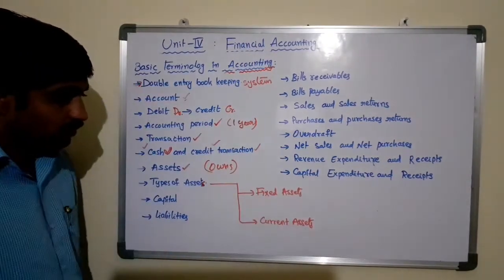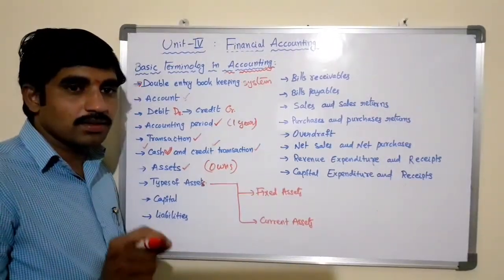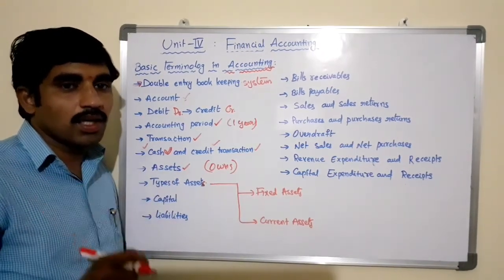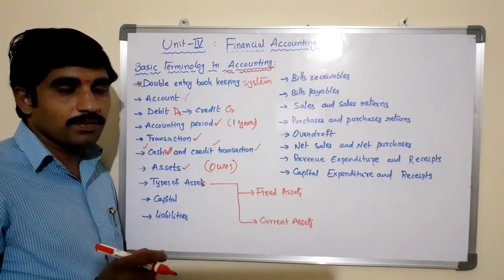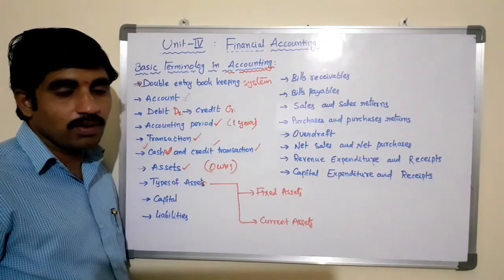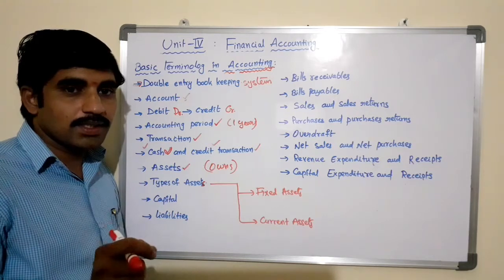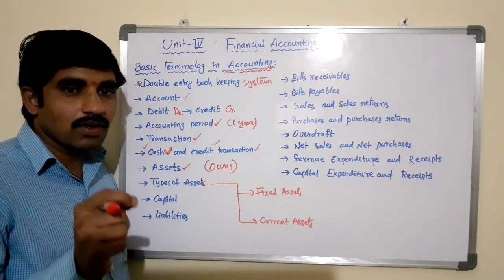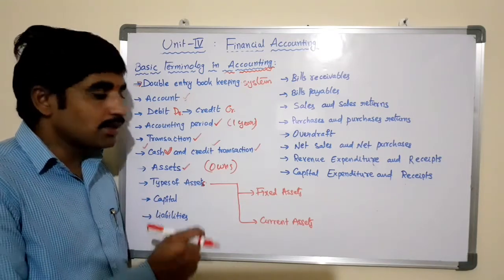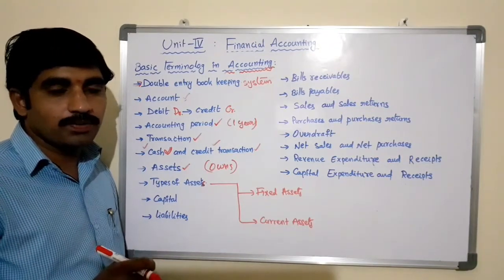As we know, fixed assets are the assets which will give services to the company or the business for a long period, or the assets which will not be converted into another form within a short period. I am repeating, a fixed asset is an asset which will not be converted into another form, or which will give service to the company for a long period.